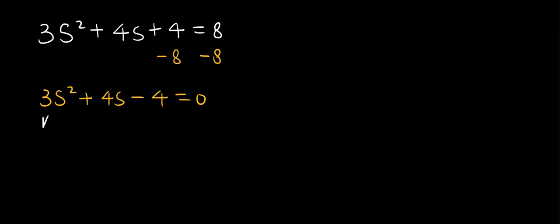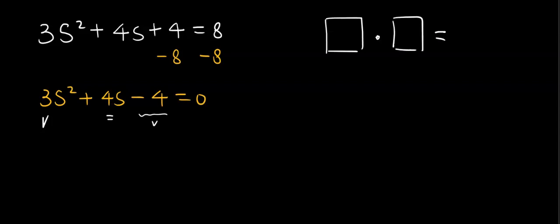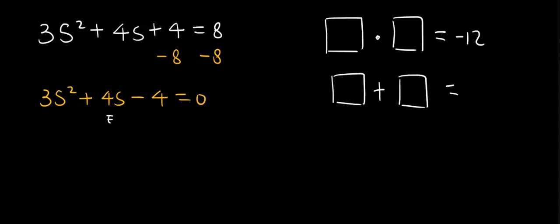A is 3, B is 4, C is -4, which means we're going to find the two numbers, multiply them, gives us AC, that is -12. And the same set of two numbers, if we add them, we're going to have B, which is 4.